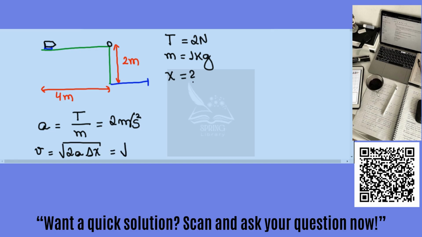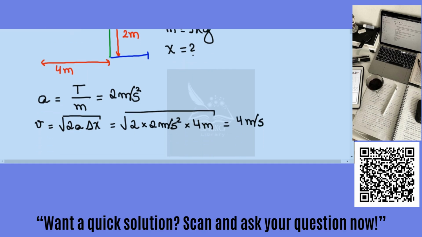So this is the square root of 2 times the acceleration of 2 meters per second squared times delta x, which is 4 meters. And this is 16 meters per second. I'm sorry, 4 meters per second. This is the speed. I'm going to call it v0.